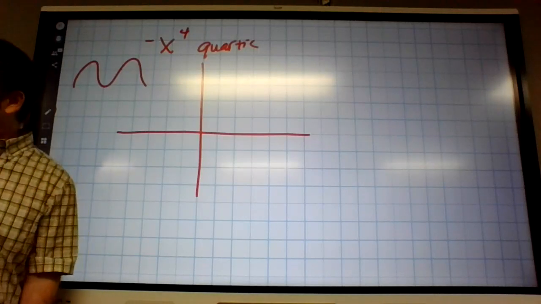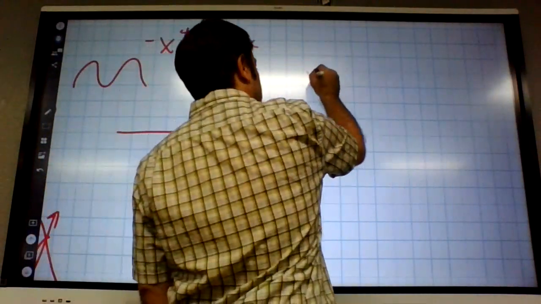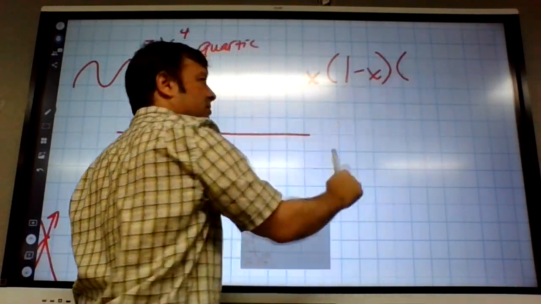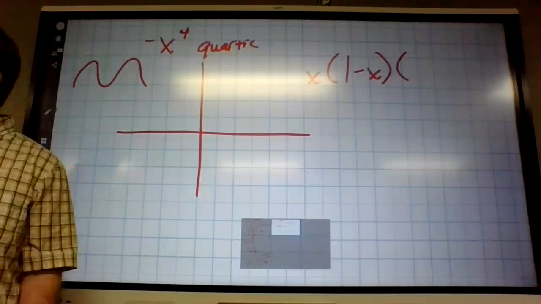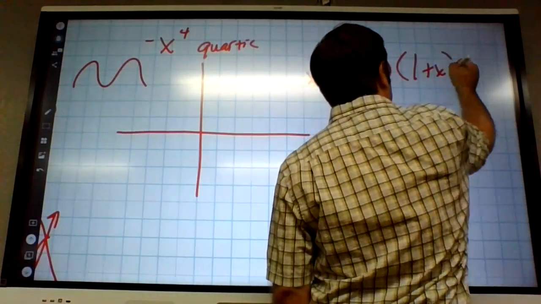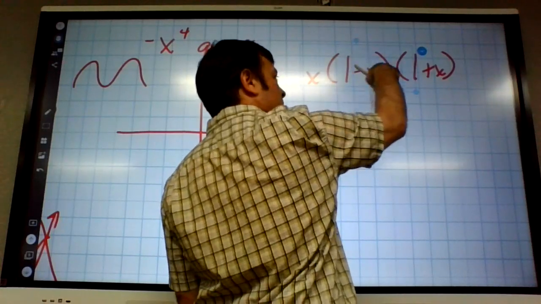What are the x-intercepts? 0. 1. Is 1 like a double thing? No, these are different. This 1 would make this one 0, right?